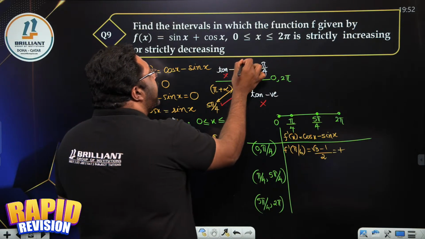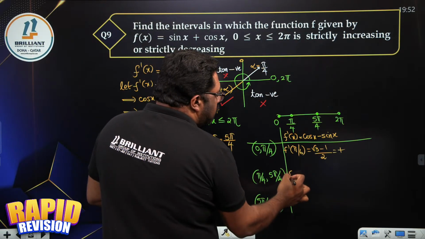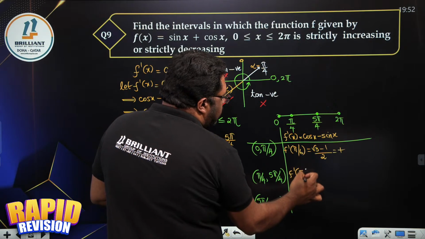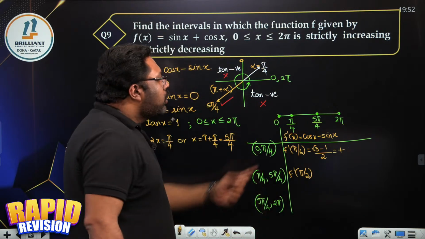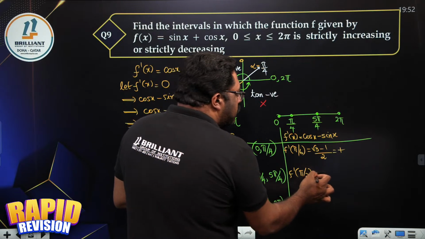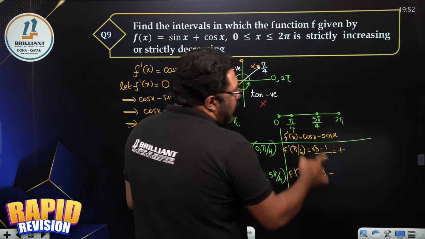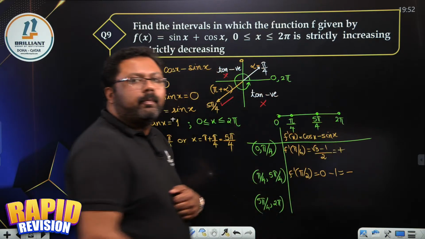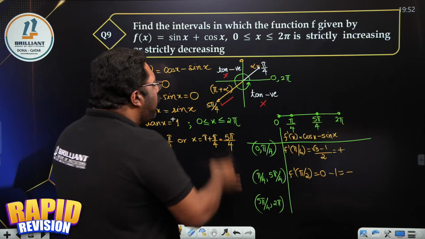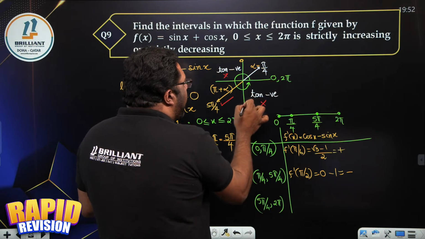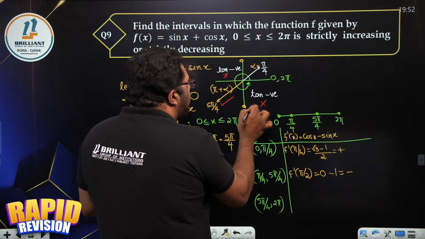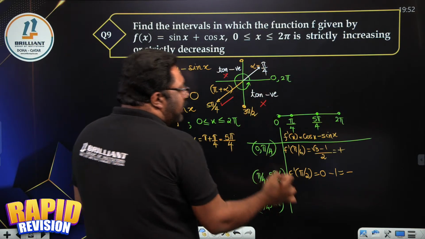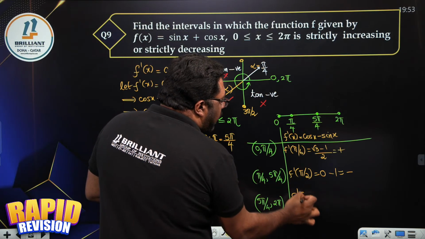The best angle I can think about is over here. Pi by 2. Cos pi by 2 is 0. Sin pi by 2 is 1. Negative answer. Then from 5 pi by 4 to 2 pi, the best angle I can think about is 270 or 3 pi by 2.